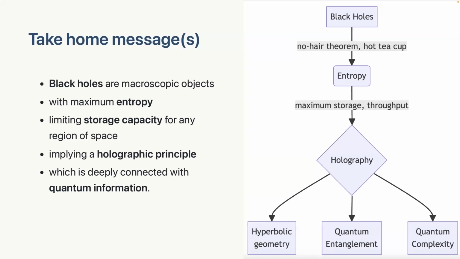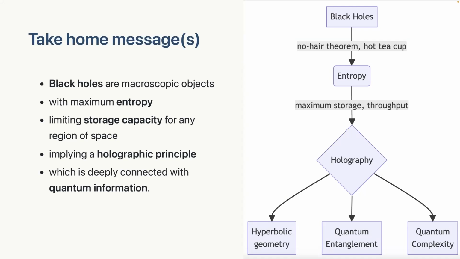Okay, that's it. I'm going to repeat what I want you to remember. Black holes are macroscopic objects. They're really out there, trillions of them. And just by this idea that a black hole is a region of space that you cannot interact with, they must have entropy.